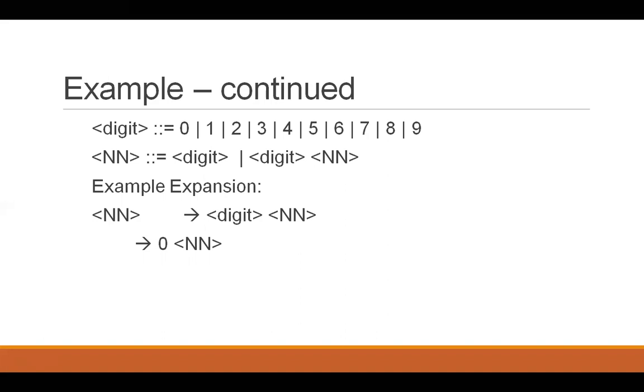There is one more problem that can occur with this definition. Remember, we talked about the BNF being precise and unambiguous. Now, with these two definitions, what can happen? The natural number can be zero, because we said that a natural number can be a digit and the natural number.